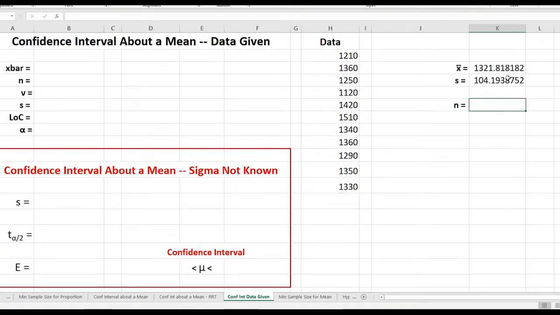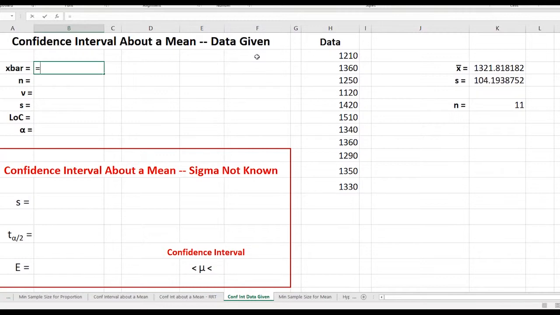So n equals 11. There's a good reason why I do it this way, where I have x bar twice and I have n twice. It's because all of this stuff will draw from over here. I don't have another way of saying that, but it just makes things work out to be a lot nicer.